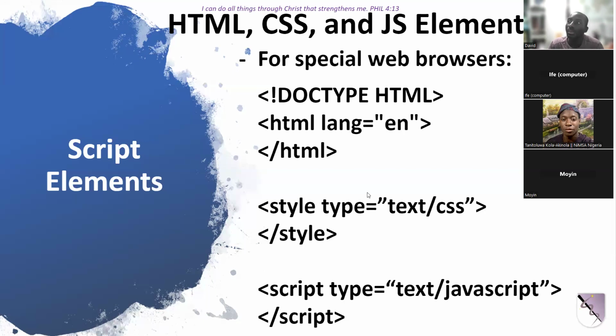For CSS, for old browsers, you want to explicitly state type equals text/css to let them know everything inside of these two tags is going to be CSS code. For JavaScript, you want to do basically the same. You would say type equals text/javascript, and then obviously have the closing script tag at the end to let the browser know that all the JavaScript it needs to read has ended.